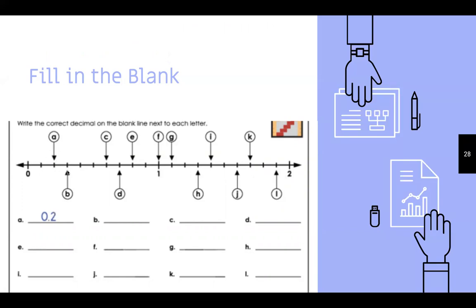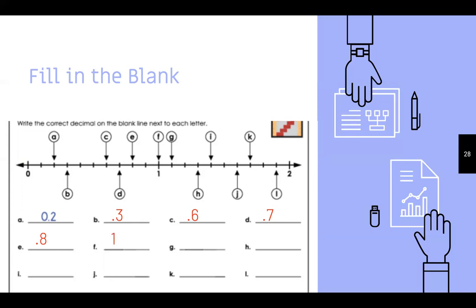Now just one more tick is 0.3. So B is 0.3. Now we have a little ways to go to C. 0.4, 0.5, 0.6 is C. 0.7 D. 0.8 E. 0.9, and then we hit 1 at F.